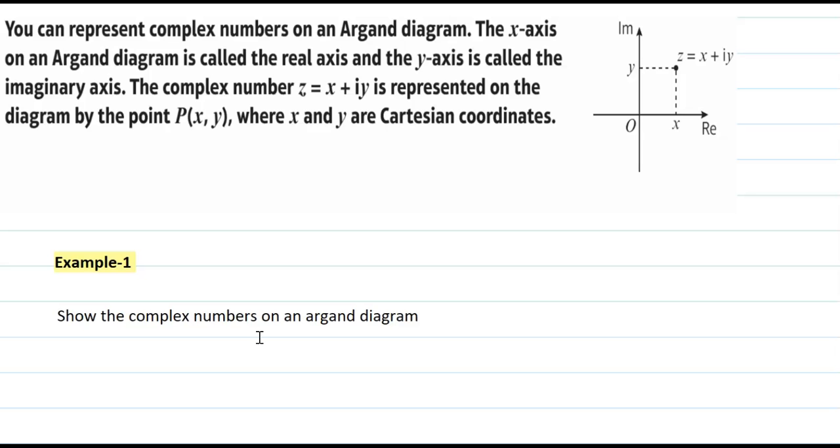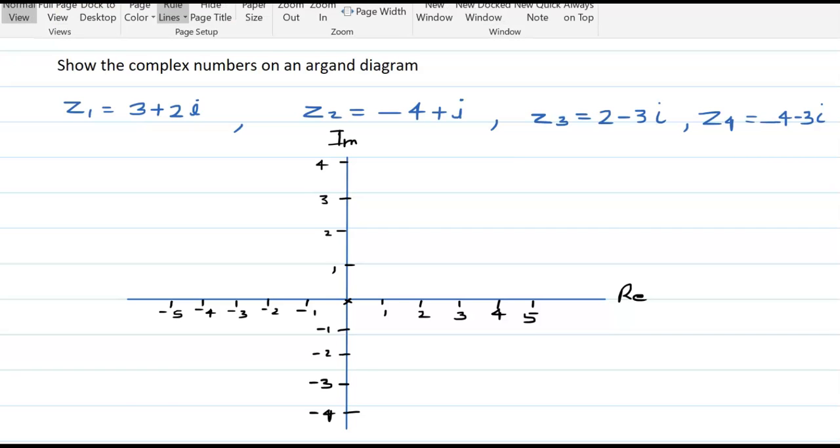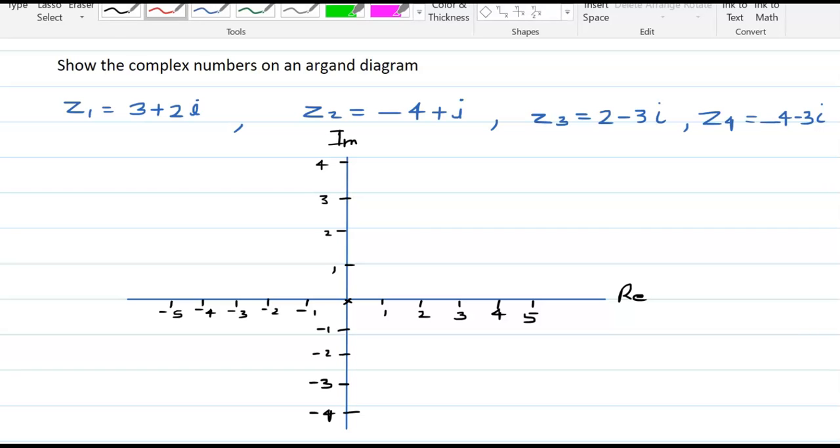So let's start with question number 1. Our first point is z1, that is 3 plus 2i. So we move 3 steps here, 1, 2 and 3, and 2 steps on the imaginary axis. Let's draw the points.